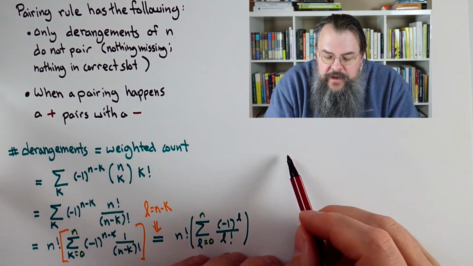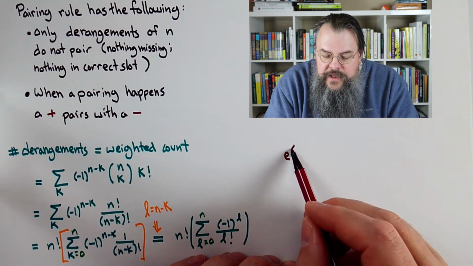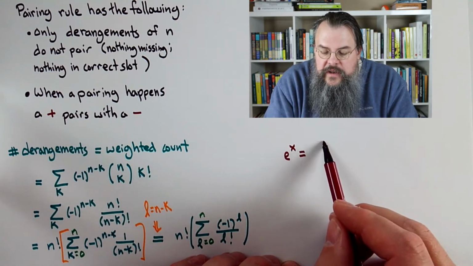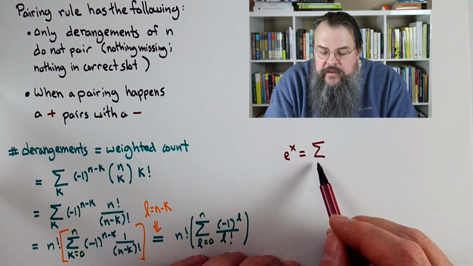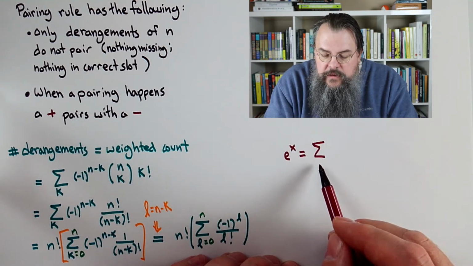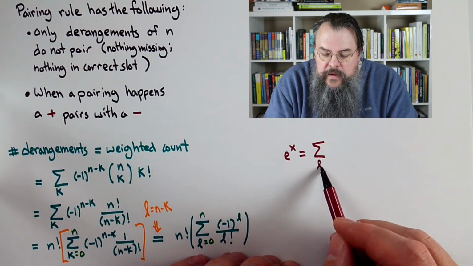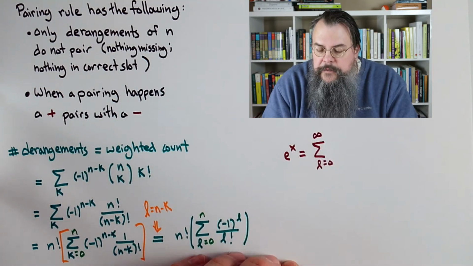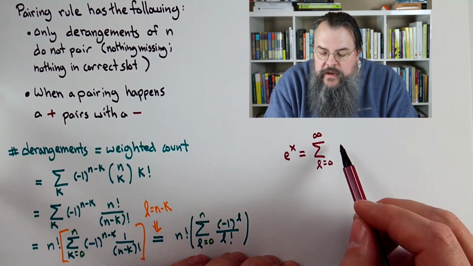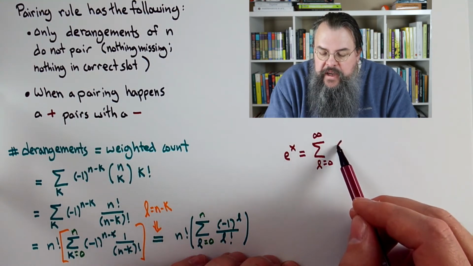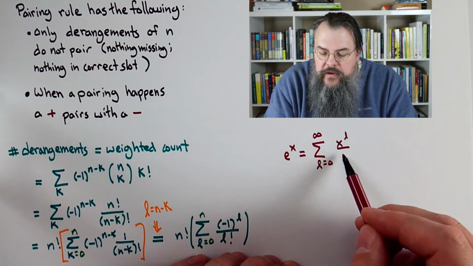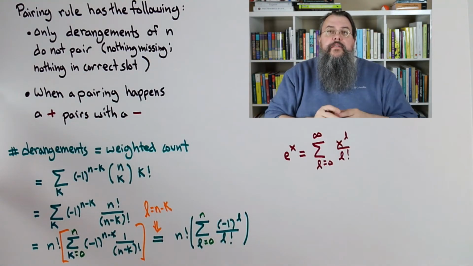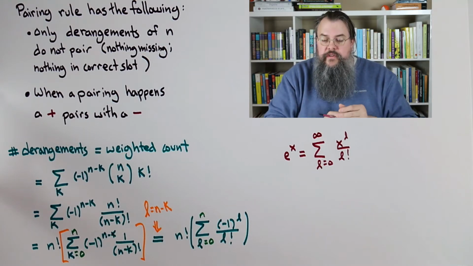You might remember there's this idea of Taylor series, and in particular, there's this nice fact, e to the x is the sum over all L, and I'll put here 0 to infinity, of x to the L over L factorial. It's a very nice fact, which has a lot of nice applications.